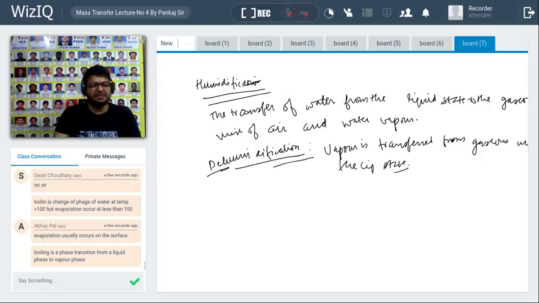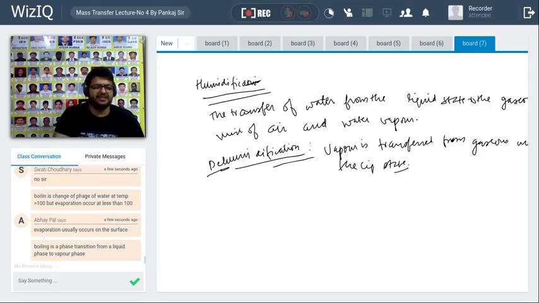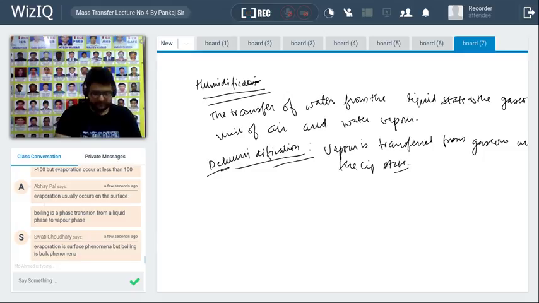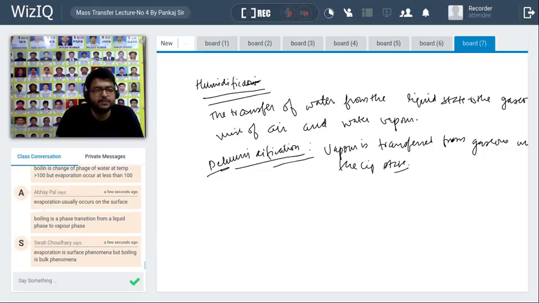So doesn't that happen in evaporation also? Yeah, evaporation is a surface phenomenon, but bulk boiling is a bulk phenomenon. That is right. Anything else?